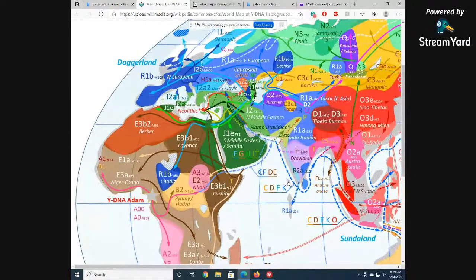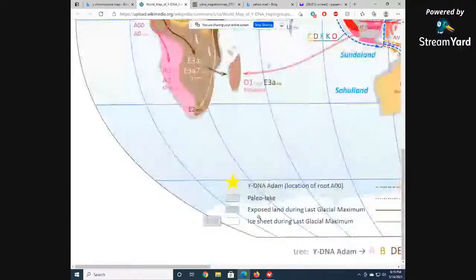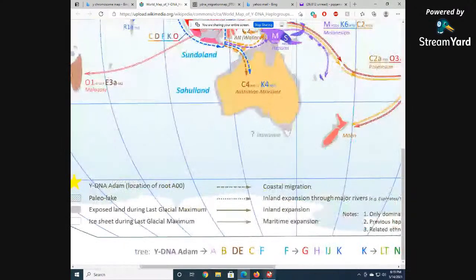Okay, quickly we'll go over here to Africa, and we have the Berbers, the Egyptians, and the Cushites. They're all E3s. So that really indicates that this other group over here would be Hamitic. So the A, B, C, D, and E, that would be the C, D, and E, are Hamitic. The reason these two are together is just for the purpose of a worldview.